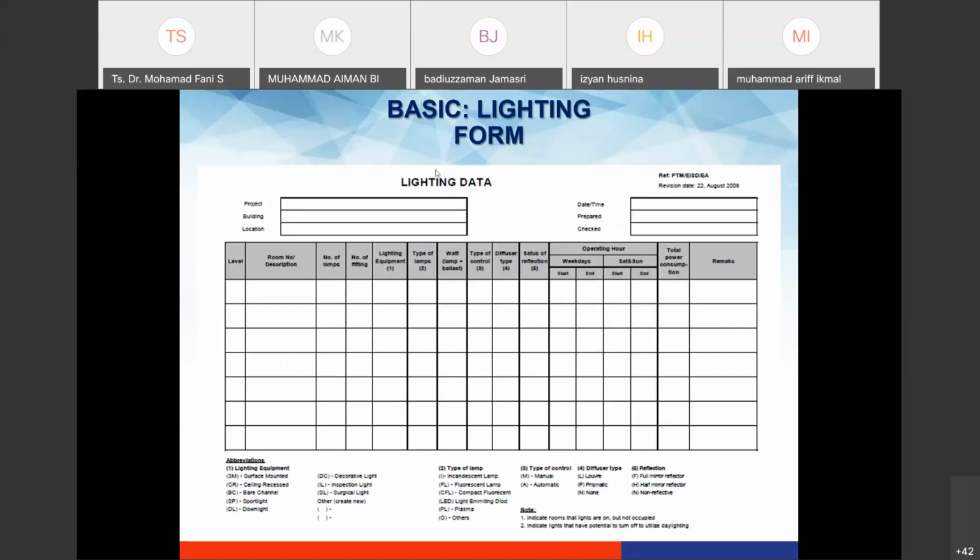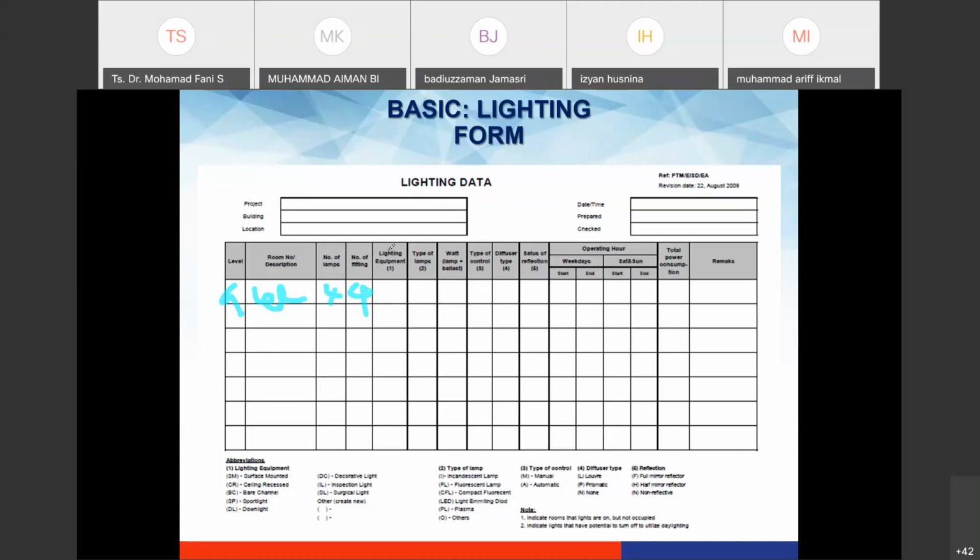Okay, specifically for the lighting, we are going to have this form. G, number of room, lecturer room, number of lamp, for example 4. Number of fitting, 4.